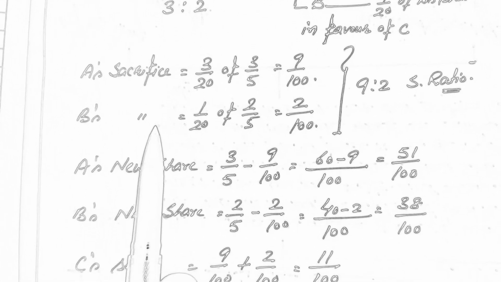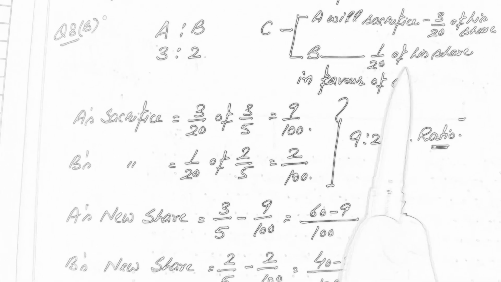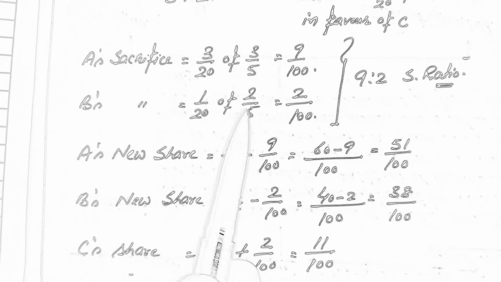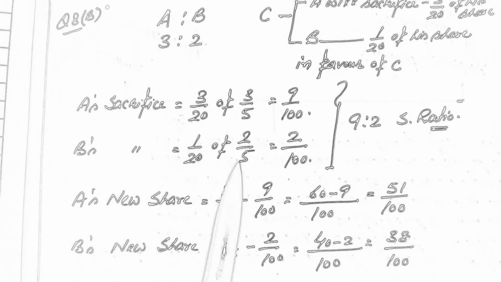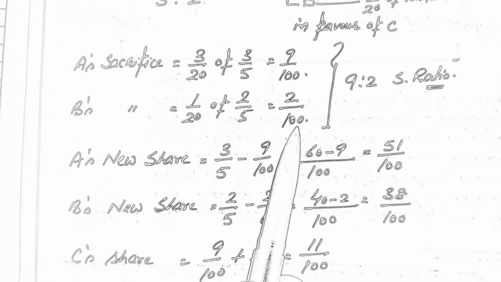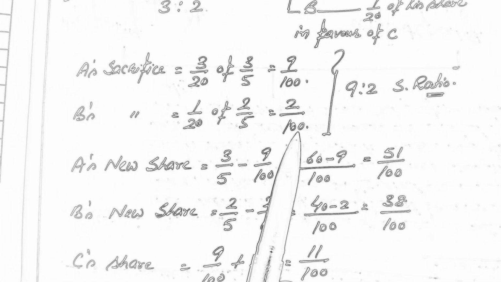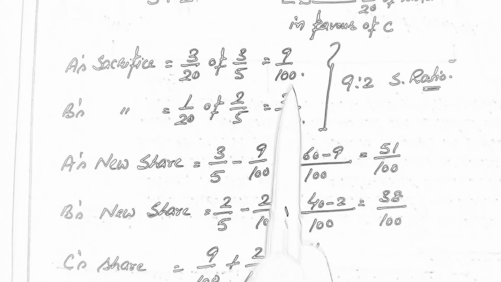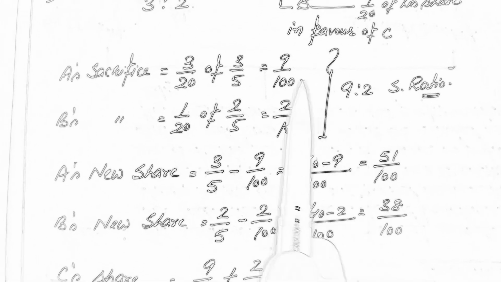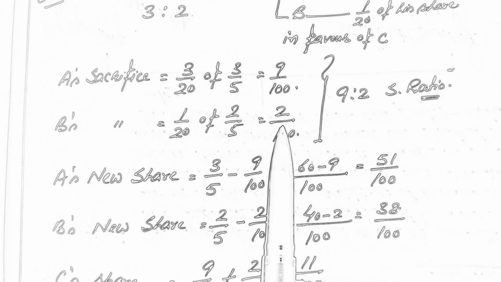B sacrifices 1/20th of his share, that means 1/20th of B's share, and B's share is 2/5. That means 2/100. The sacrificing ratio here will be 9:2, because the sacrificing ratio is the ratio of sacrifice.